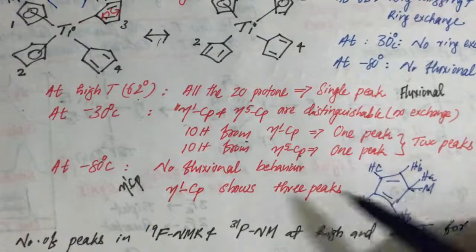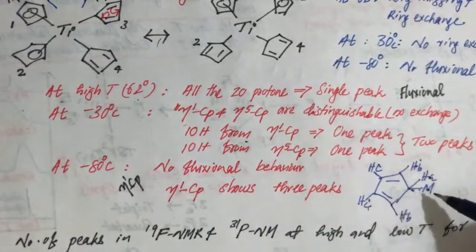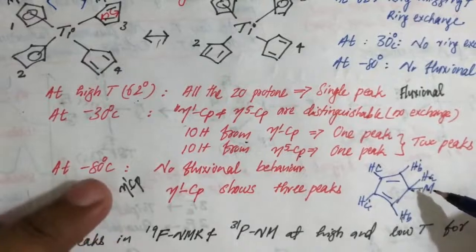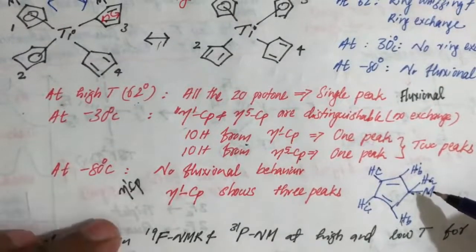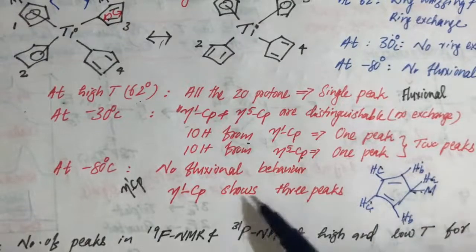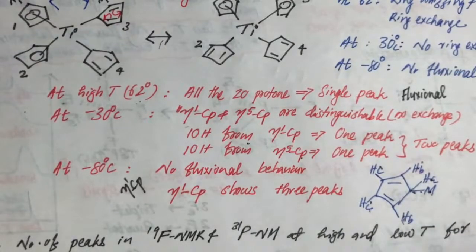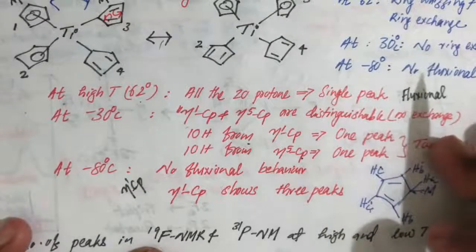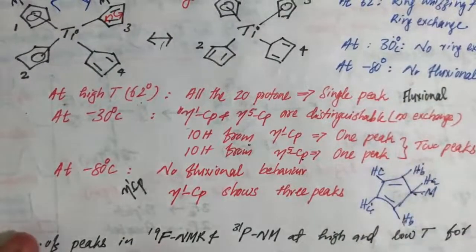So this eta 1 Cp gives you 3 peaks at minus 80 degrees Celsius, that is, the lower limit temperature. So clearly there is no fluxional behavior. Ready? So that is the case of this complex.